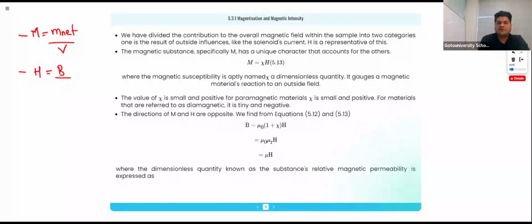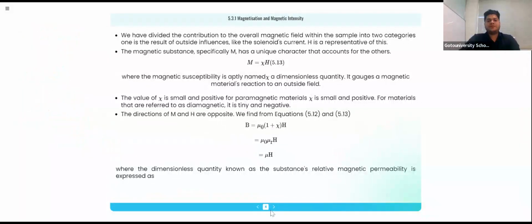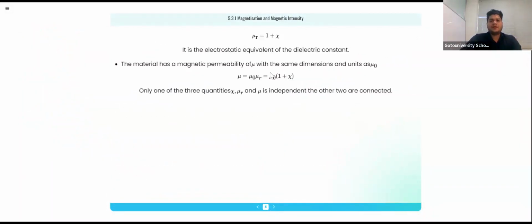It is the ratio of magnetic field in free space to permeability of free space. Then we studied about susceptibility. It is the ratio of M and H. These three things we have studied from here.